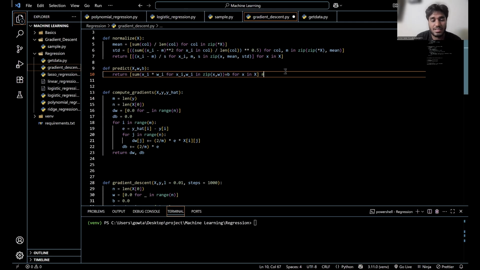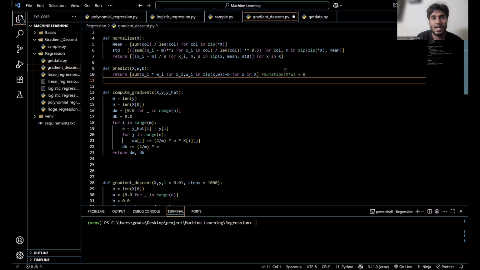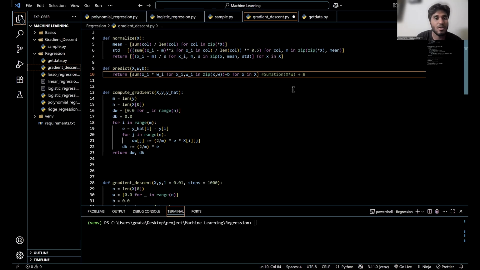For example, this can be represented as x into w, summation over all the features or data points or columns, plus the bias, and this will be equal to y, the output which we desire.